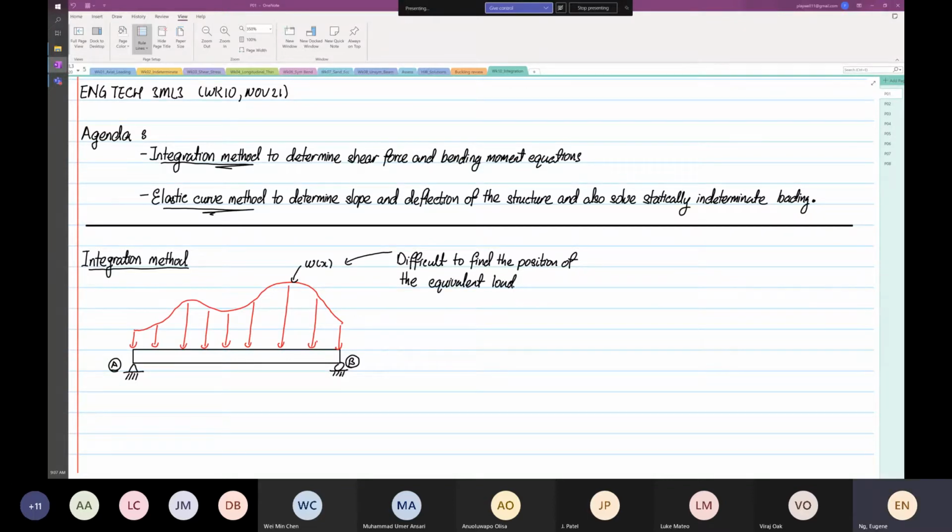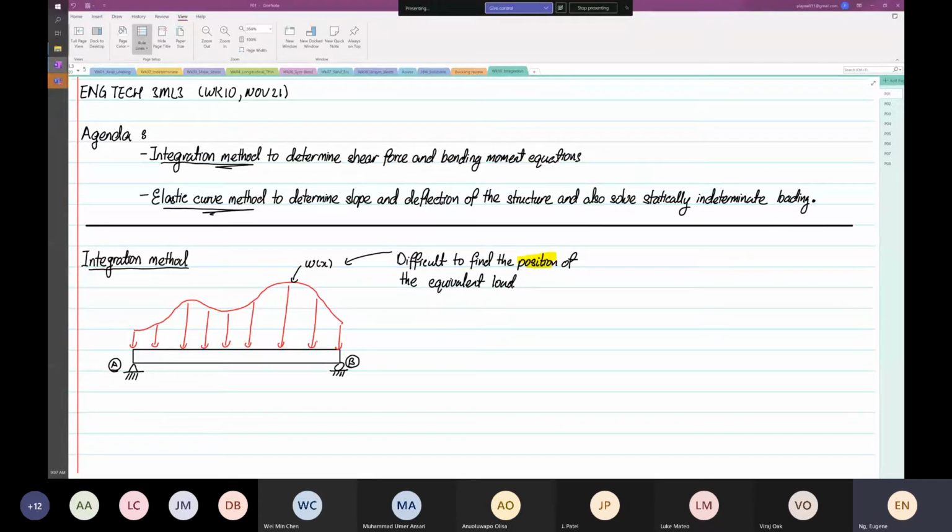And the term I'm going to highlight here is the position. The position of the equivalent load. Do you agree or disagree first, or no comment? Anyone? So let me explain what is this position of the equivalent load.